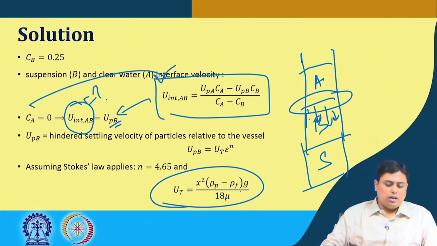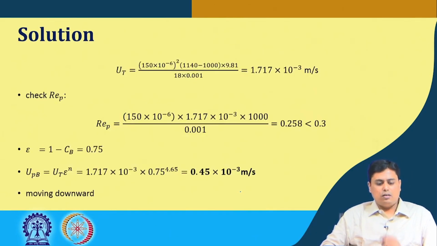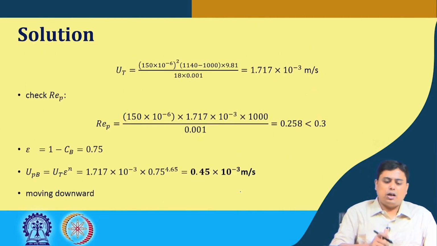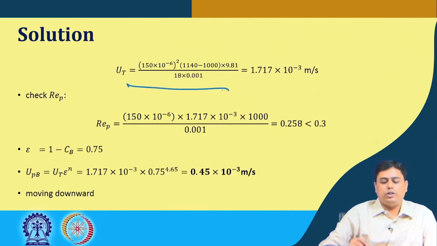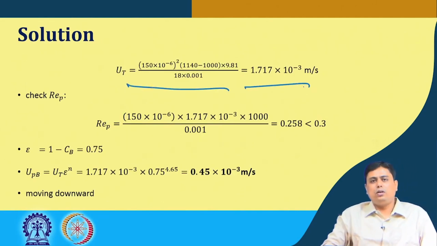So, now we can calculate the value of ut, because all the information is provided here, which is 1.7 into 10 to the power minus 3 meter per second. But the point is that we have assumed that Stokes law is valid, and that is why we have taken the value of n as 4.65, which has not yet been utilized.